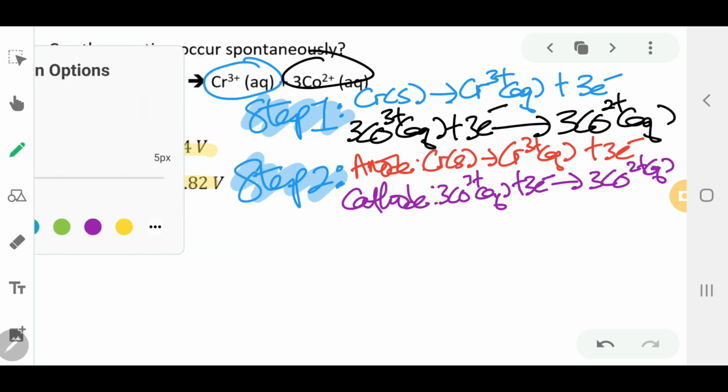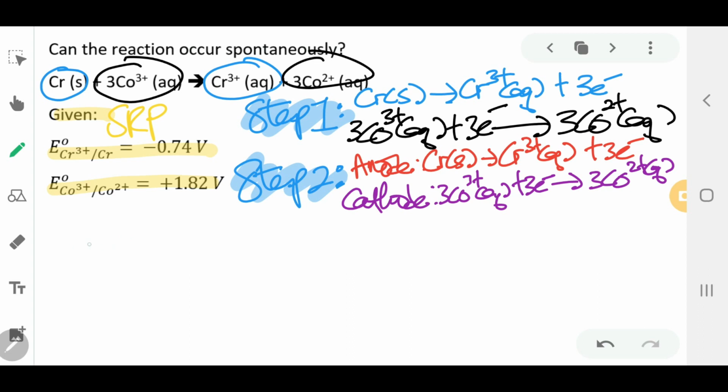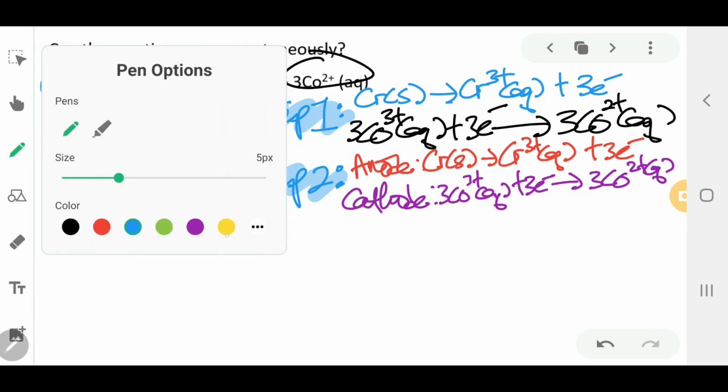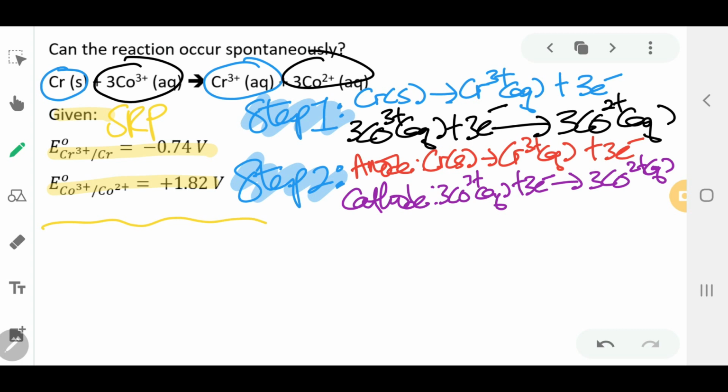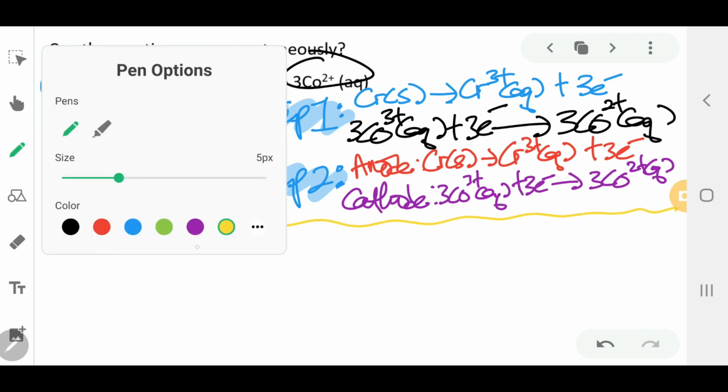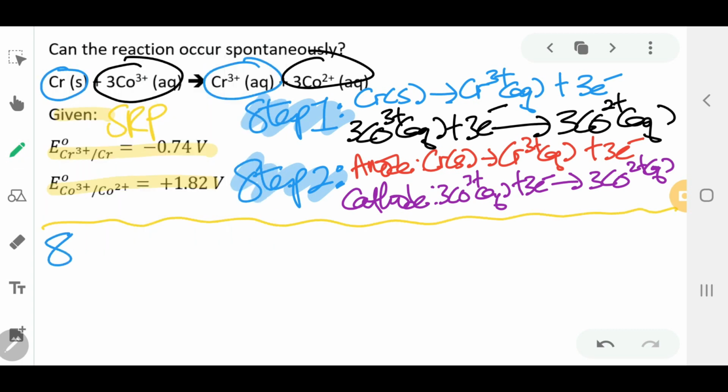And then in step 3, okay, I'm just going to do a boundary over here.